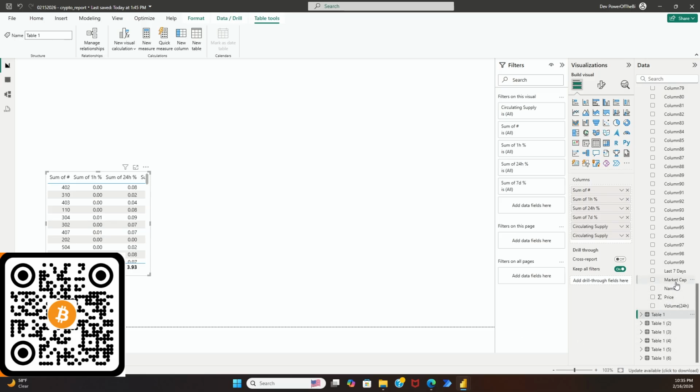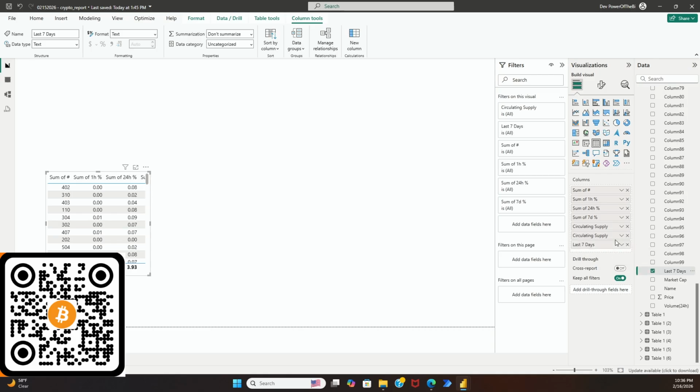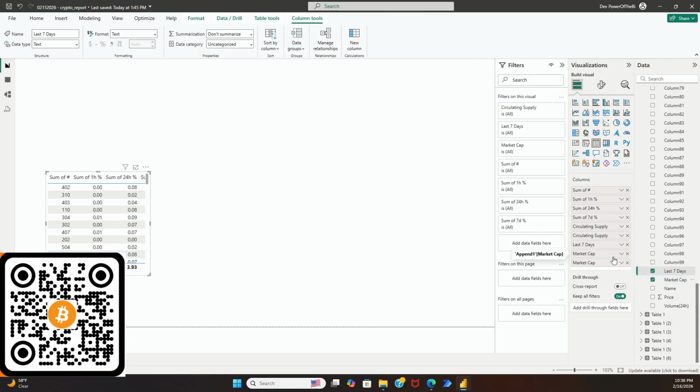Let's see here. I was trying to get another table in. So basically, I'm just grabbing the data that we saw in market cap. As a matter of fact, all the data that was on the website didn't come through anyway.